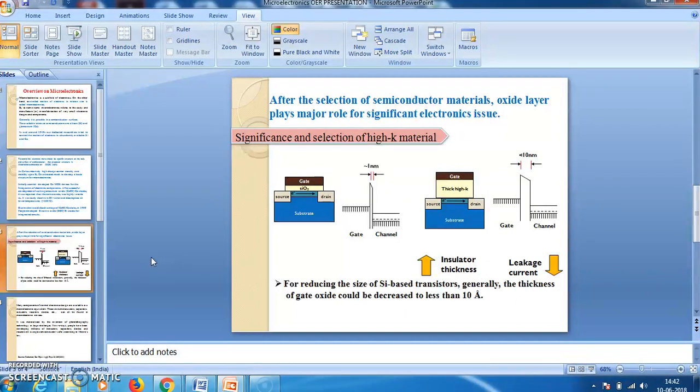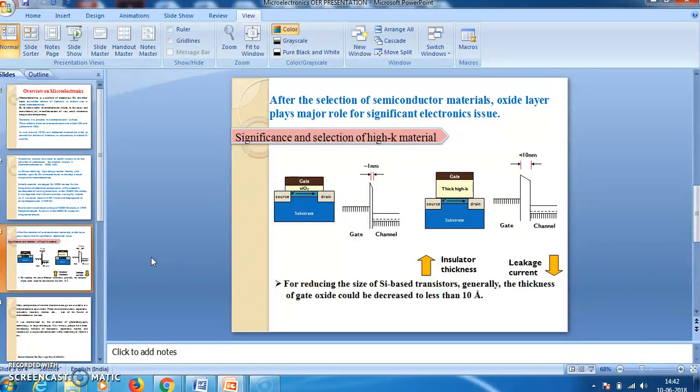Whenever the interface is not stable thermally or electrically, there is no use in developing a device. Due to that reason, people concentrated on the silicon semiconductor. Again, people started working on silicon in the late 1940s, and they found that the silicon oxide stack is relatively highly stable thermally when compared with germanium oxide stacks.